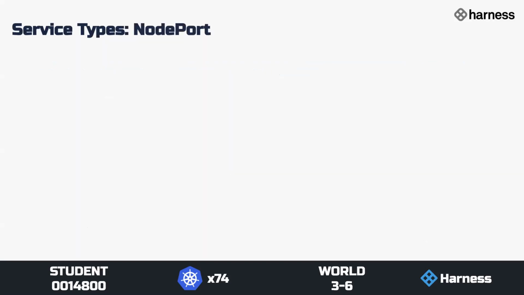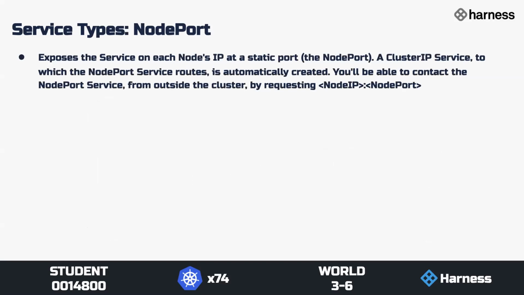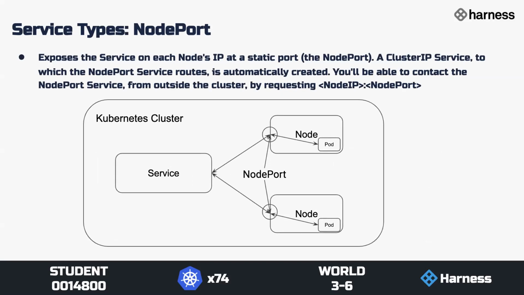Then you have what's called node port. This is the ability to expose the node IP and port to a service and to external traffic if you wanted to do that. You can do this by saying what's the node IP address and what is the node port that you're trying to talk via, and that's how you interact with it. So what you'll see here is you have a service on the left.